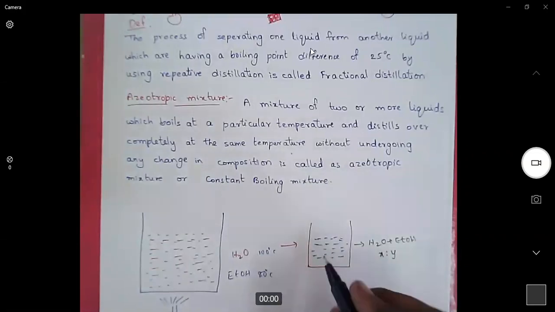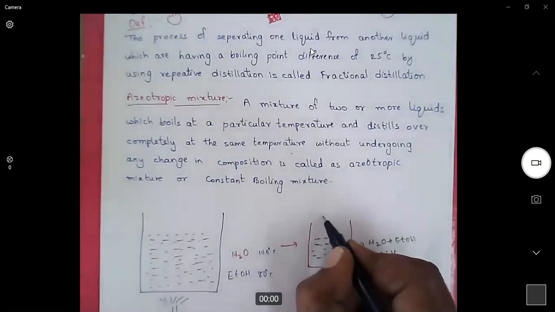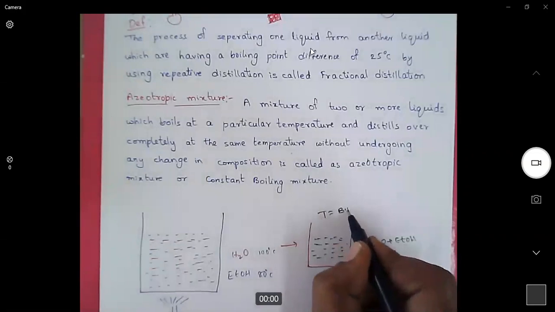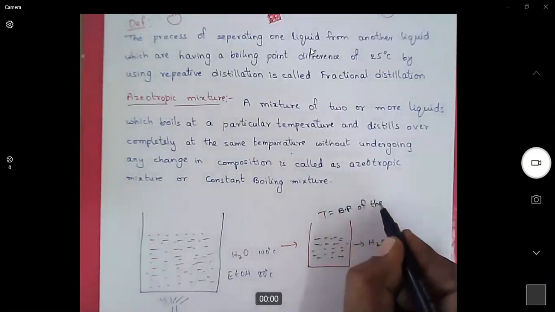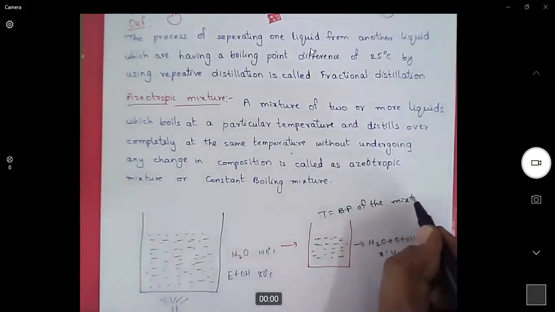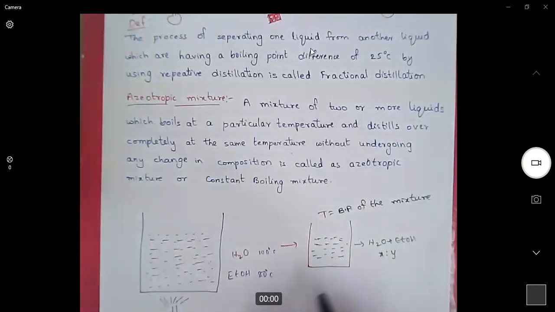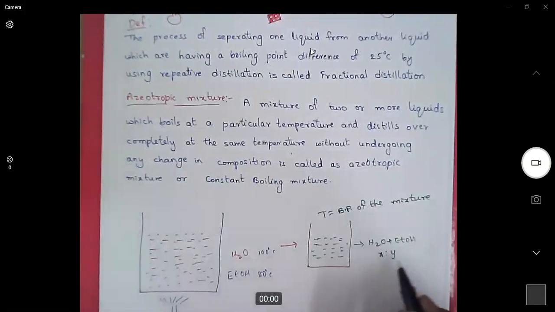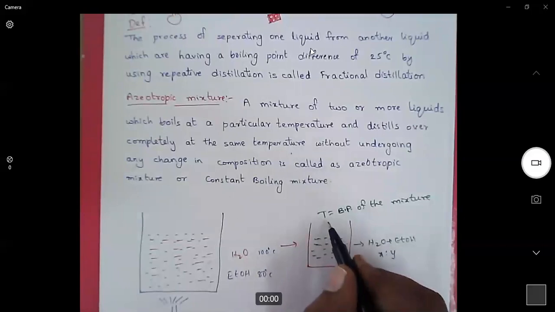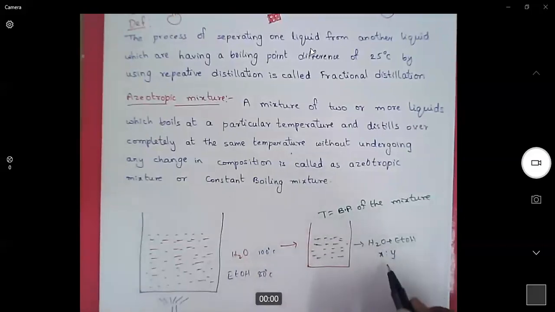At a particular temperature, these two liquids will form a uniform mixture with a particular ratio of composition. Say 1 is to 10, or 1 is to 1, or 2 is to 1, something like that. And they will distill at this boiling point completely without changing composition.